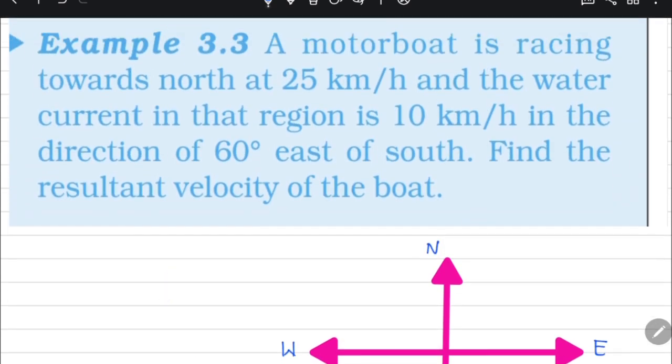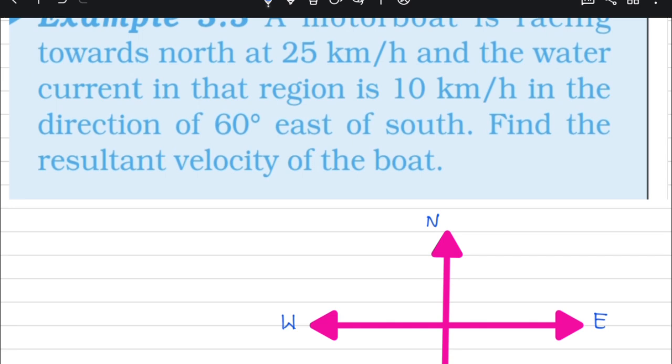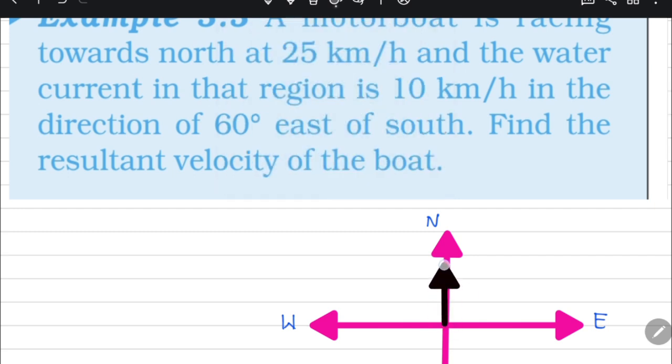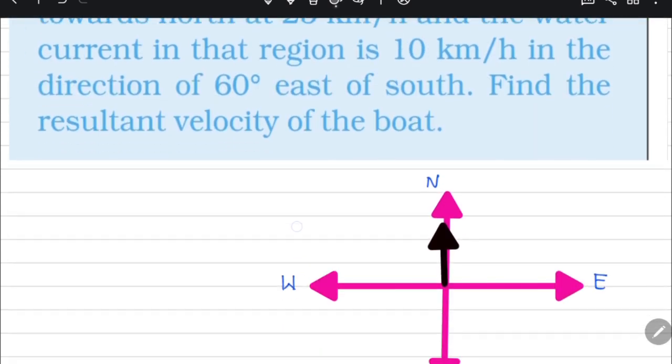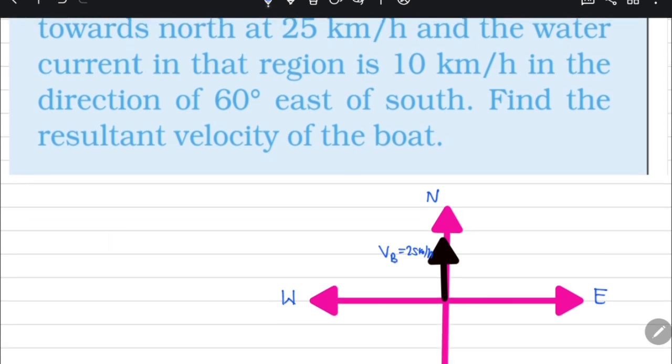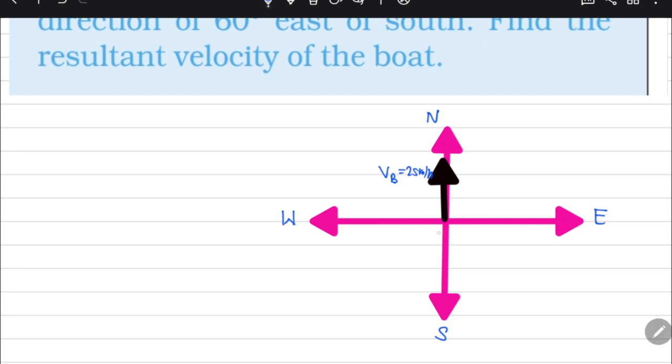A motor boat is racing towards north at a speed of 25 km per hour. And water current in that region is 10 km per hour in the direction of east of south. Means this is our east of south.